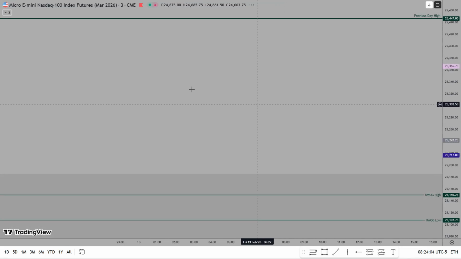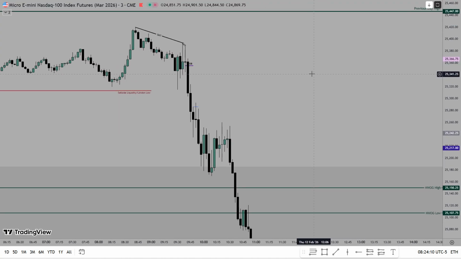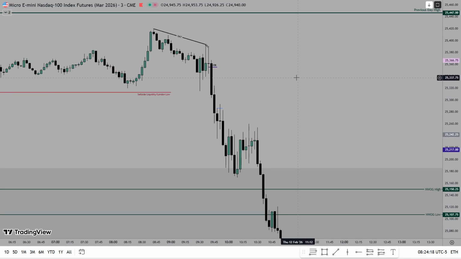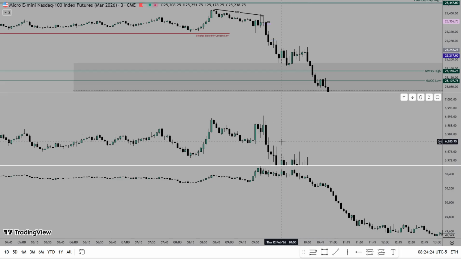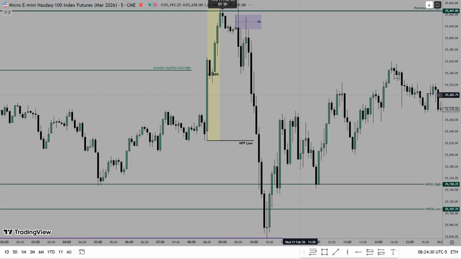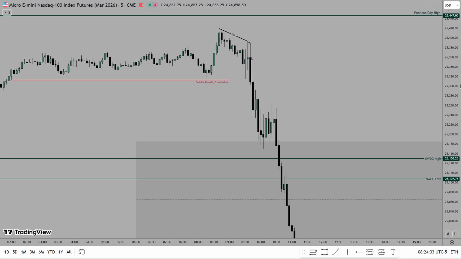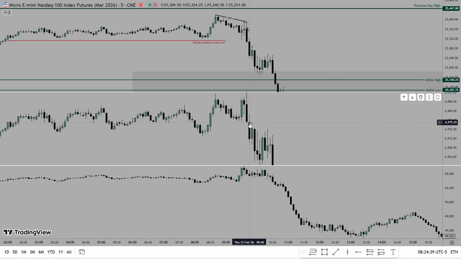Come to the 2 minute. No entry points were visible in the 1 and 3 minute time frames, but on ES 5 minute first, this was an order block entry on the ES.